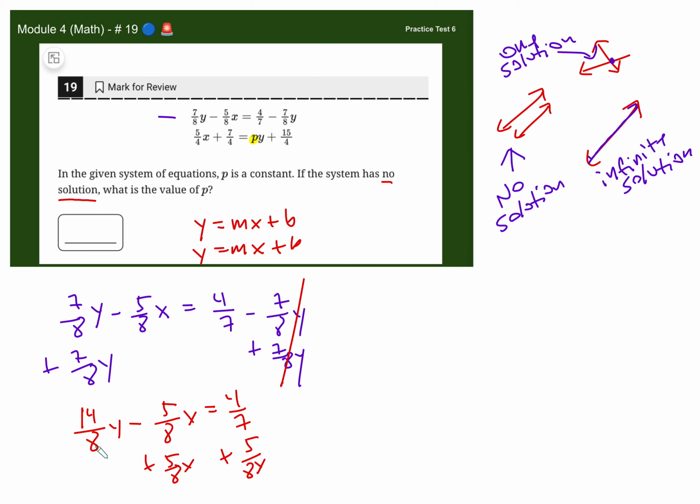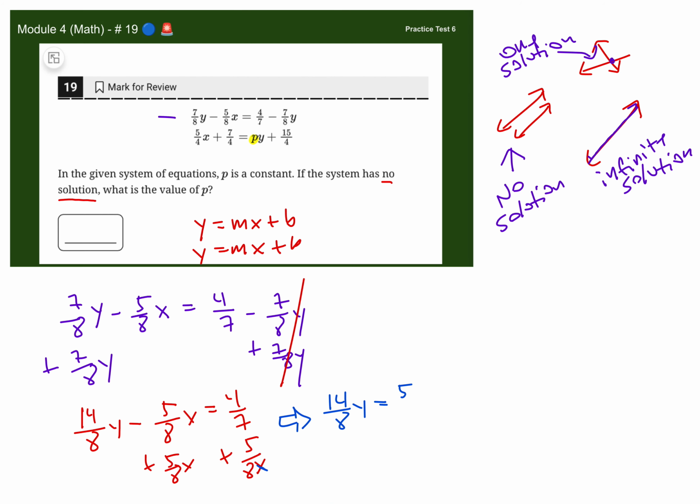All right, so I'm almost done with this one. Over here I have 14 over 8y equals, that should be an x, 5 over 8x.